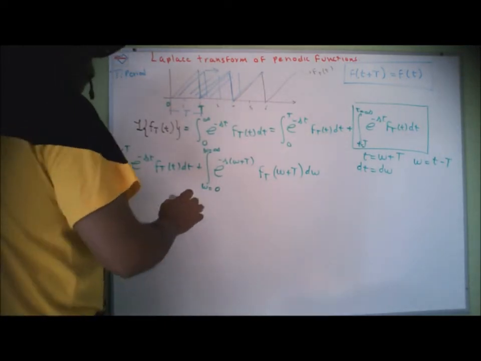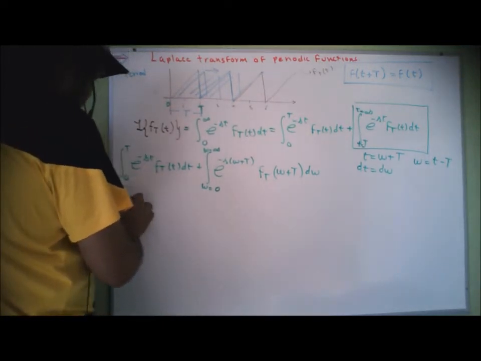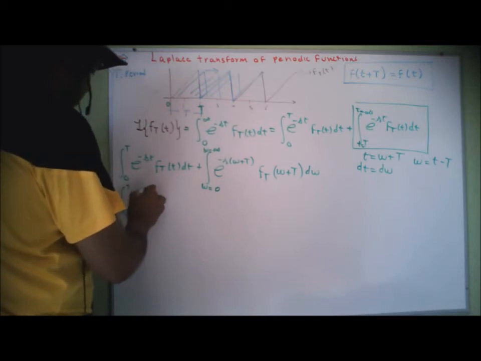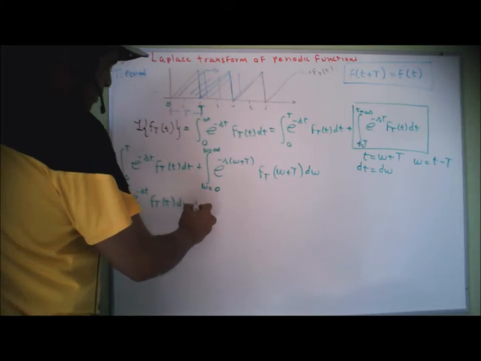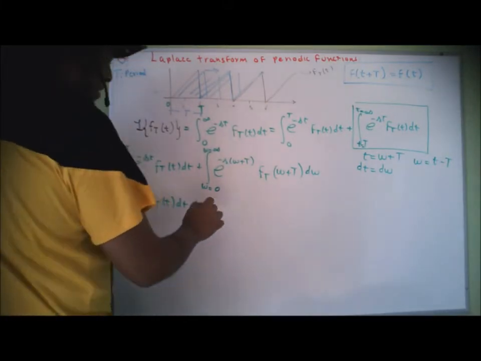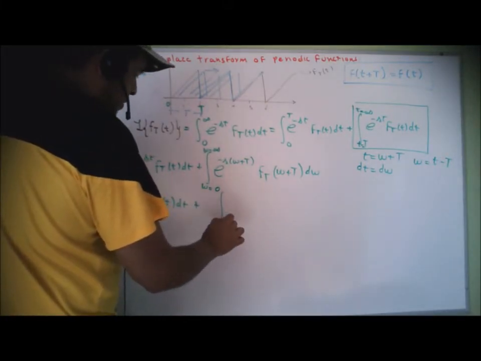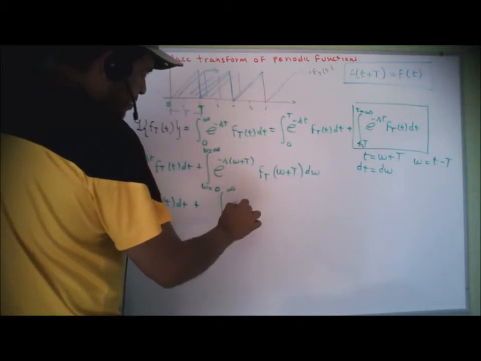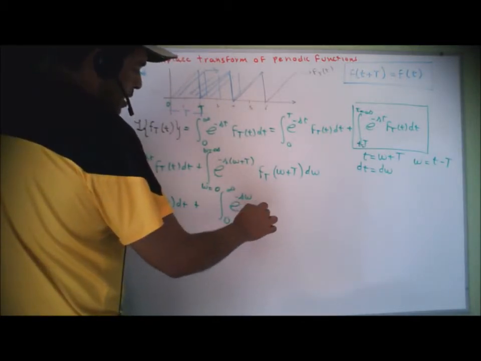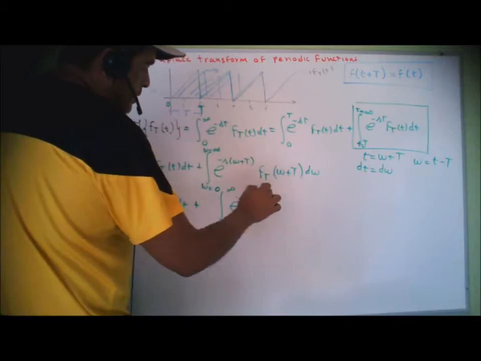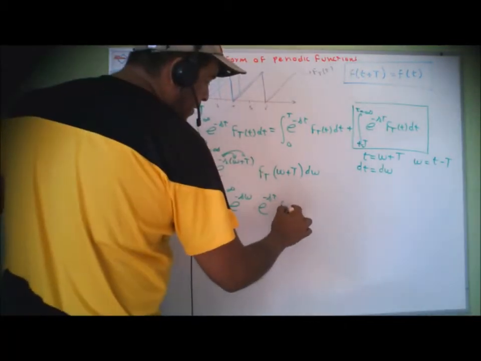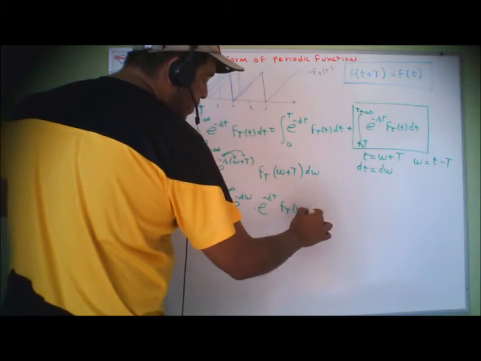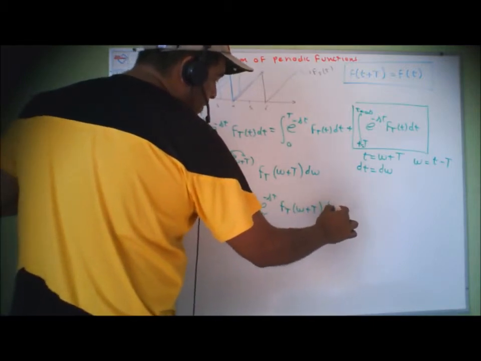Okay, so let's continue. The integral from 0 to capital T of e to the minus st, f of t, dt, plus, now, the integral from 0 to infinity of e to the minus sw times e to the minus s capital T, multiplying this times this, f of (w plus capital T), dw.